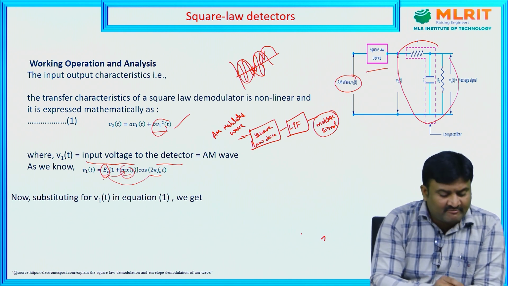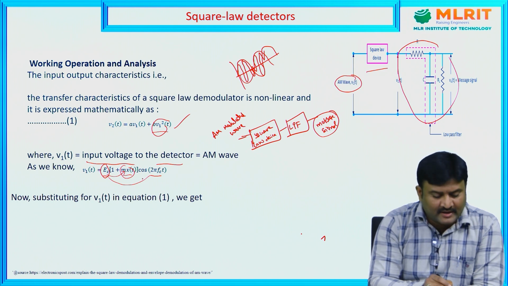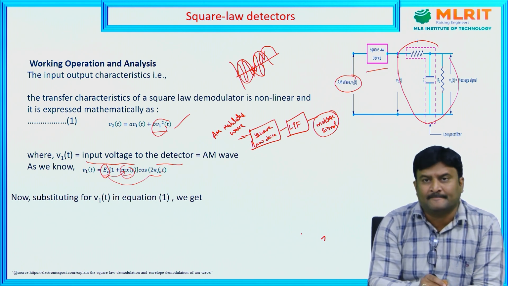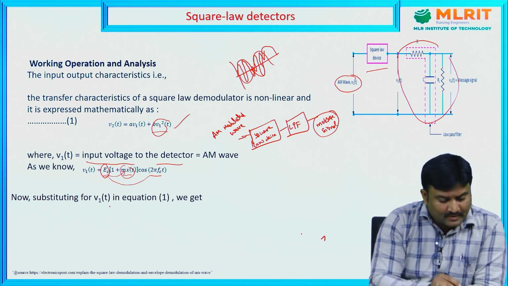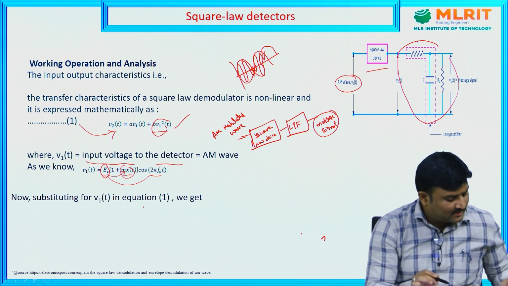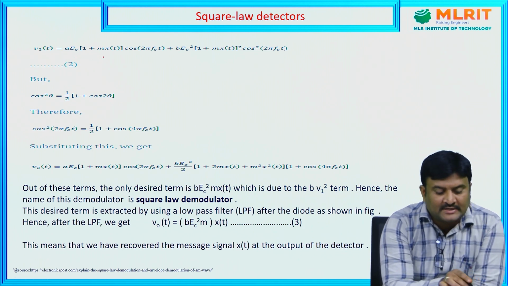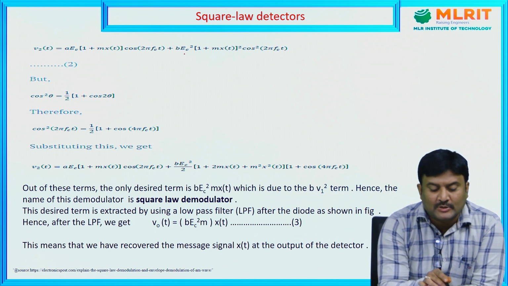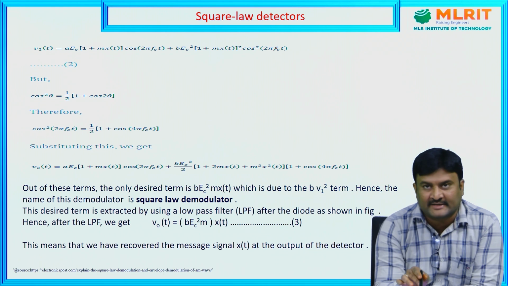That's why the equation is Ec into 1 plus m into x of t, cos 2 pi fct. Now substituting V1 of t into equation 1, V2 of t equals A into Ec 1 plus m into x of t cos 2 pi fct, plus B into Ec square 1 plus m into x of t whole square cos square 2 pi fct.